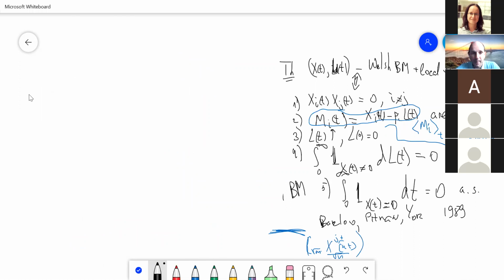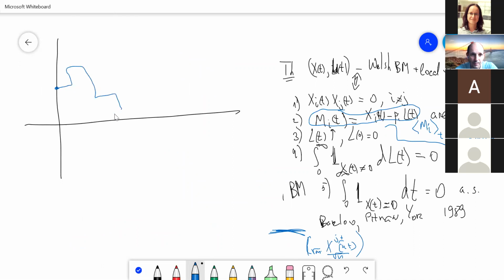Consider this sequence. For example, I draw a blue excursion, and I consider only the horizontal coordinate.